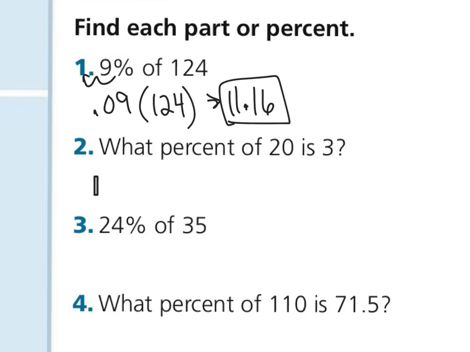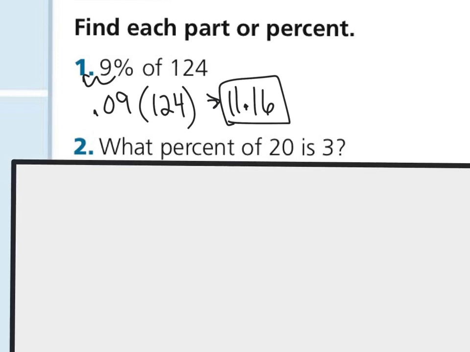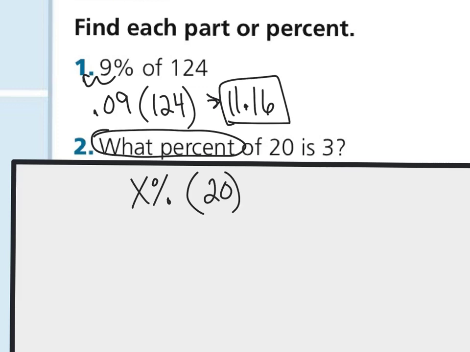Number 2, what percent of 20 is 3? So this one, I'm going to translate to an equation. So what percent, that's what we're trying to find. So we can say x or x percent, or if you just want to do p for percent. Of means times, 20 is means equals 3. And then we're just going to solve. So they are multiplying next to our variable, means we need to divide.